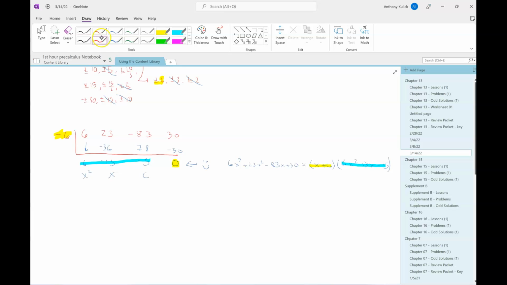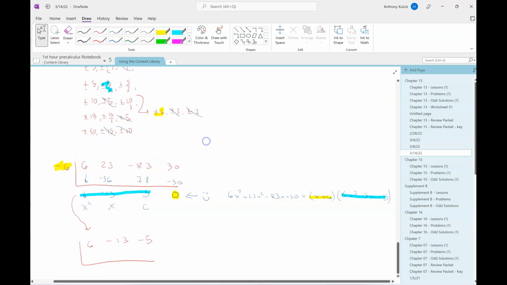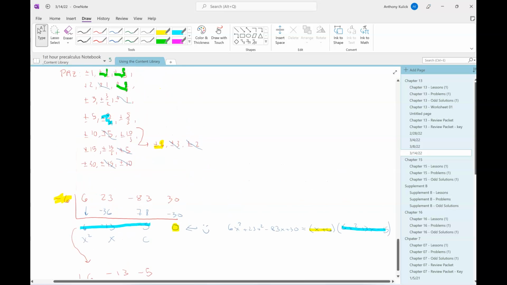Or the other option would be to continue my synthetic division with these numbers and one of my other zeros, or possible rational zeros. Here, I would probably pick the positive 2.5, since I'm pretty sure that's what that has to be.